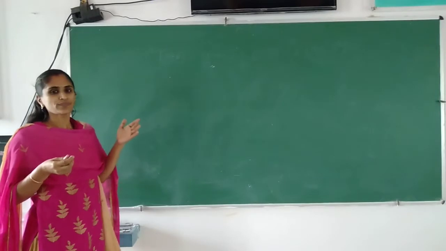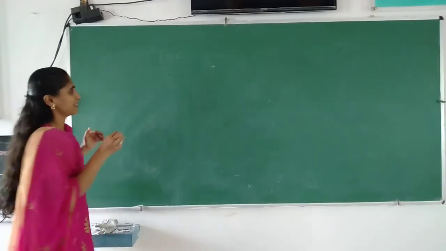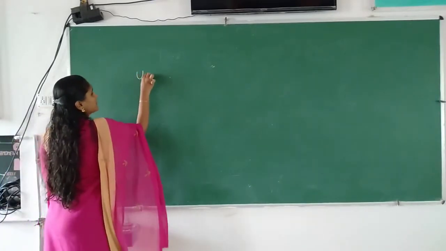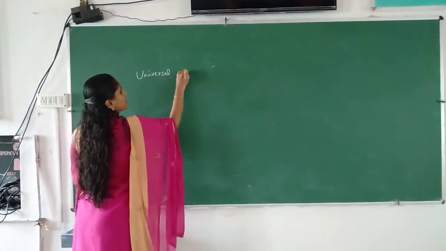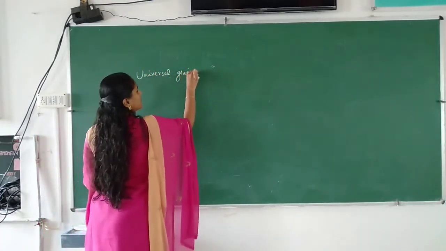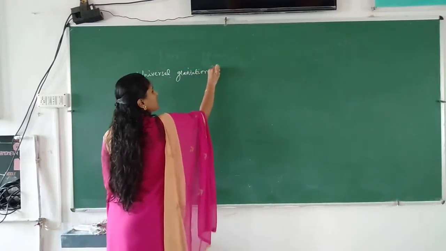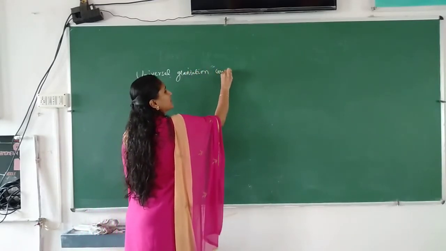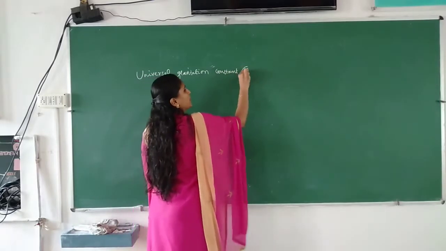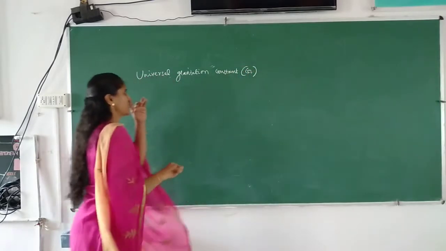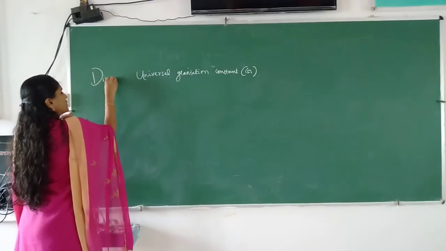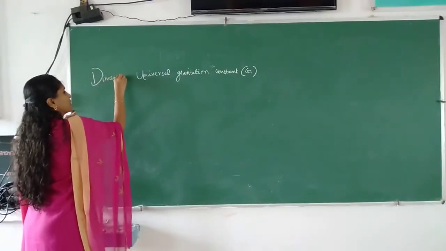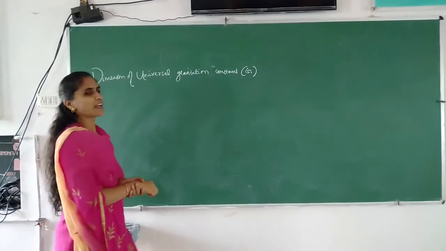Our gravitational constant is there, G, the universal gravitation constant. Find the dimension of the universal gravitation constant.